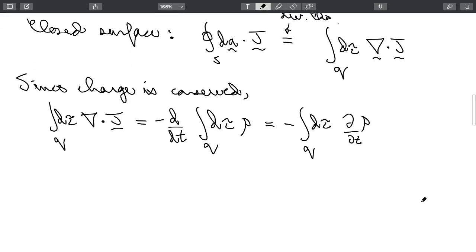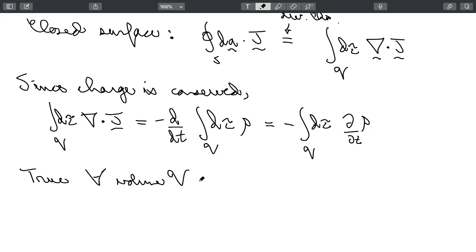Now, the crucial thing is that this has to be true for any volume V. And that means the only possibility left is that the integrands have to be equal. Because I can move my surface of the volume where I want it, this equation holds everywhere for any volume V. And therefore, the only way that this is always going to be equal is if the integrands themselves are equal to each other.